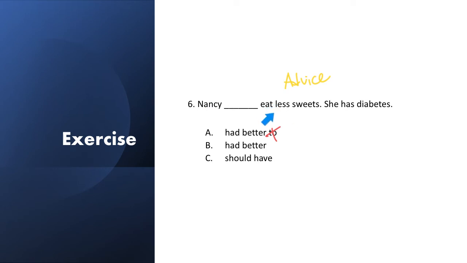This is also not correct because we usually use should have to talk about how we can do things better if we were in the same situation, talking about regrets in the past or how you could have done better in the imaginary past situation. Okay, so here after should have, normally we use a verb in PP form. However, here it is in base form. Therefore, the answer is B.